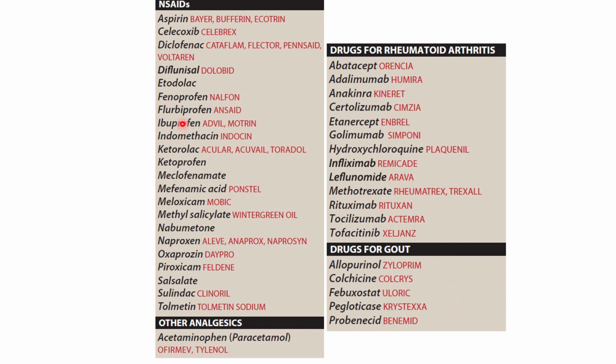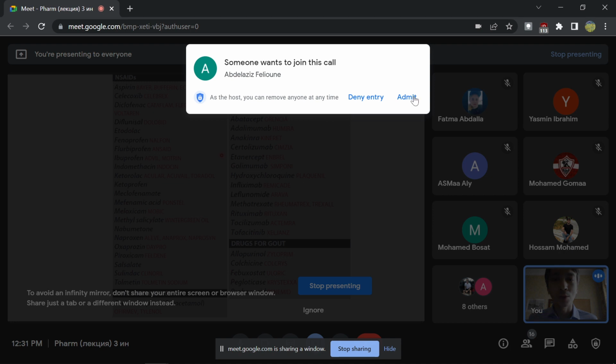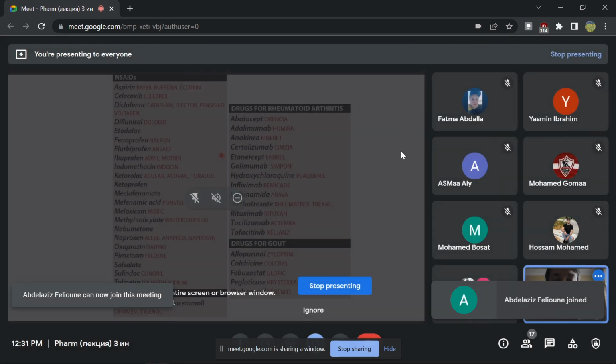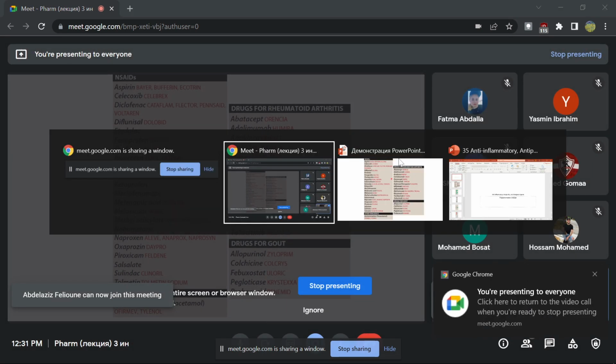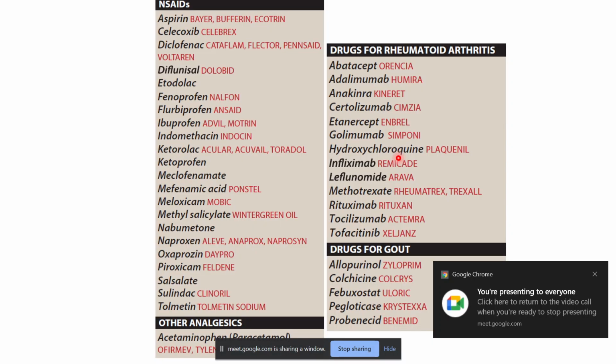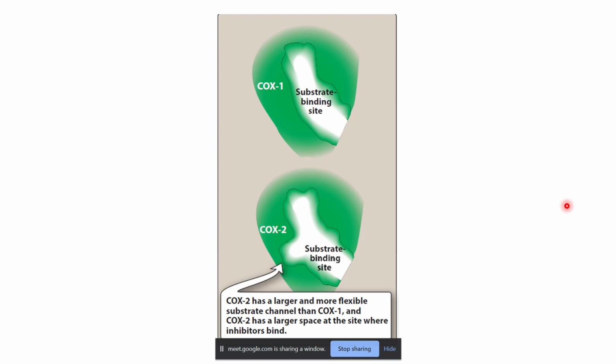And we will start with the NSAIDs because this is one of the most commonly used and most effective groups in this list. And the mechanism of action of the NSAIDs is based on the inhibition of the cyclooxygenase.